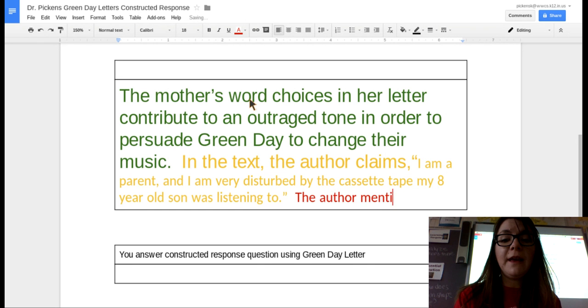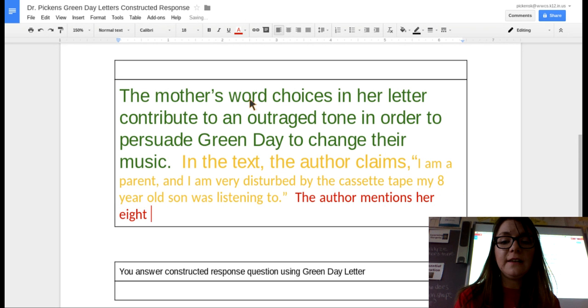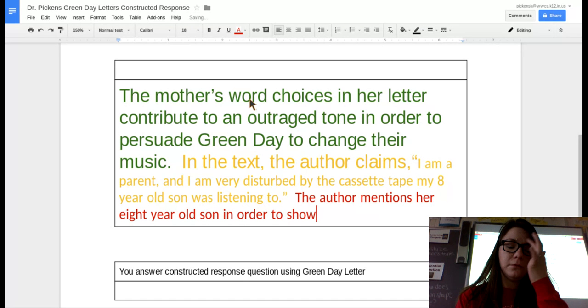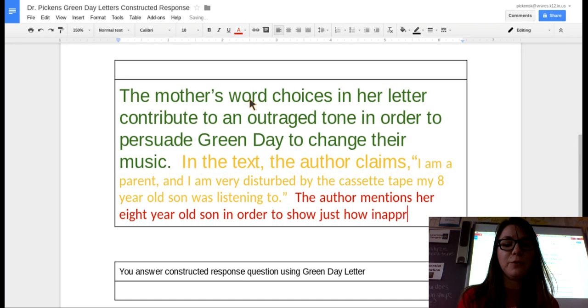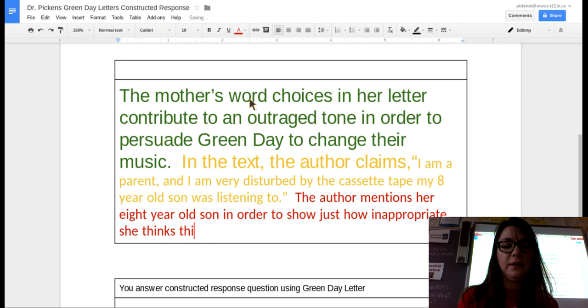The author mentions her 8-year-old son in order to show just how inappropriate she thinks this music is.